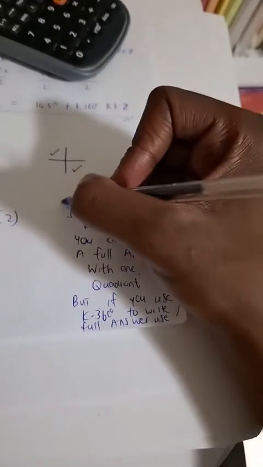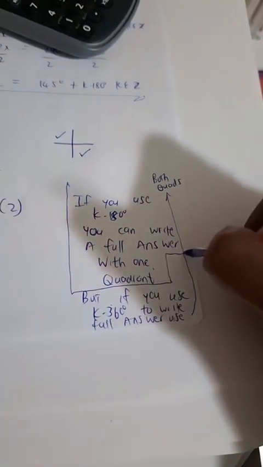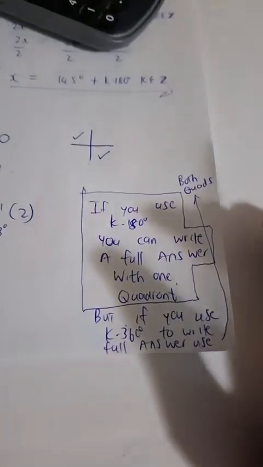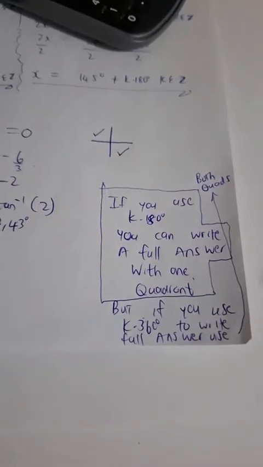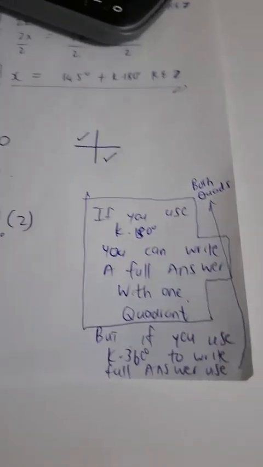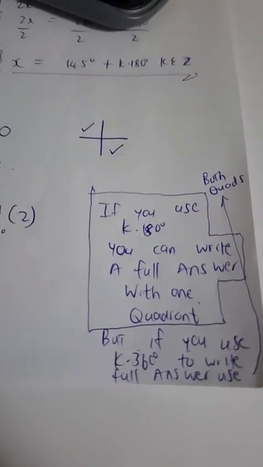So I tend to love using this, to be honest. One quadrant, one answer, K180 accommodates everything. That's why for tan I love using K180, because the period for tan is 180 degrees.